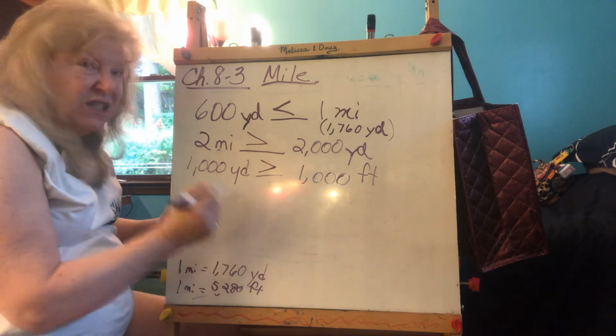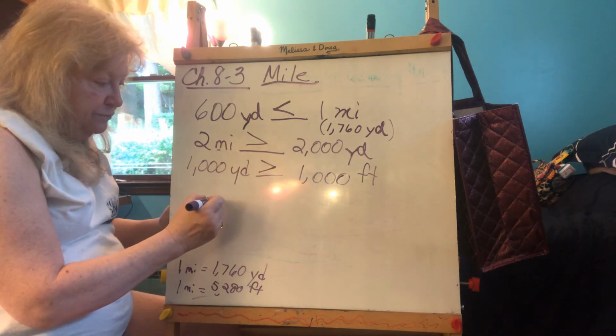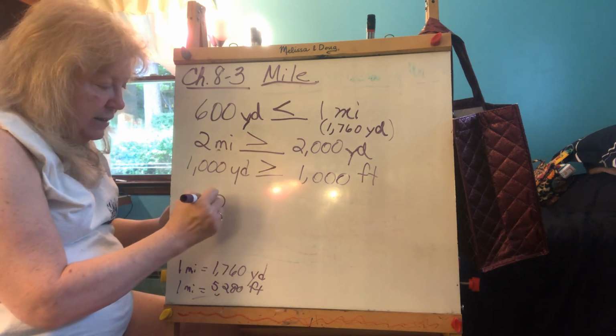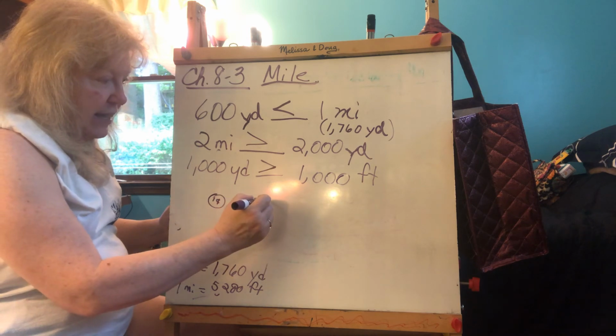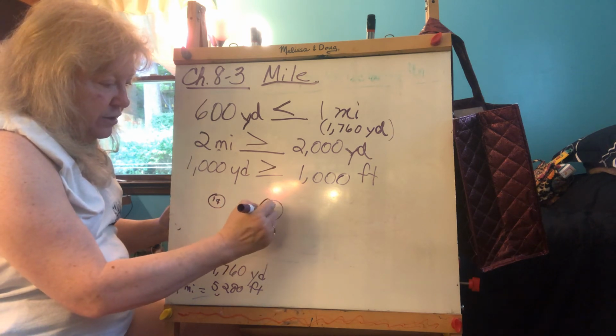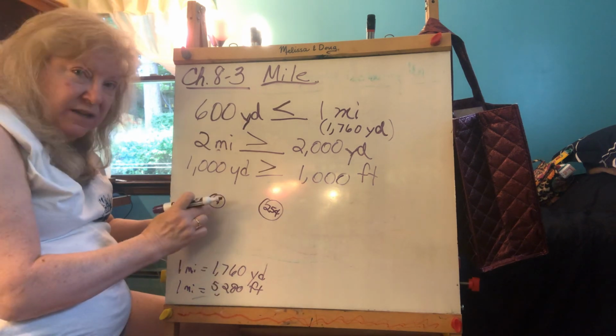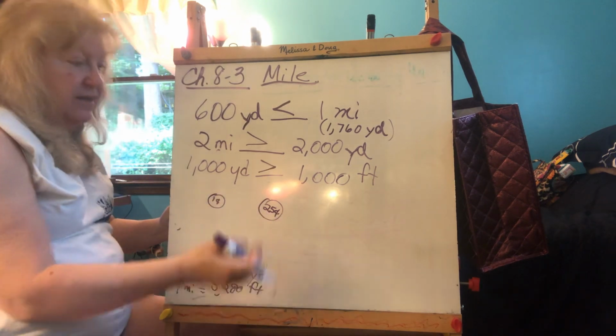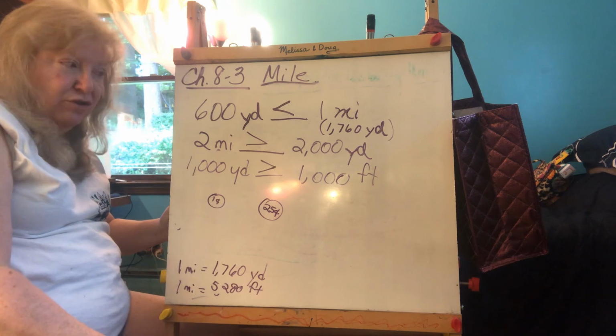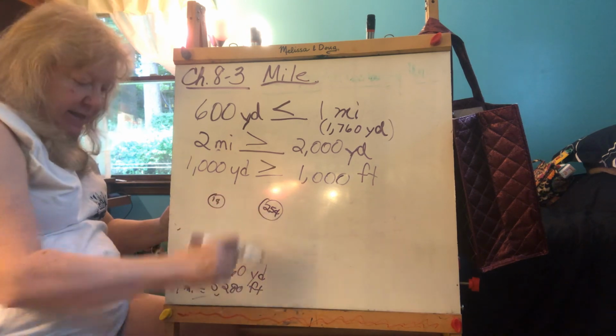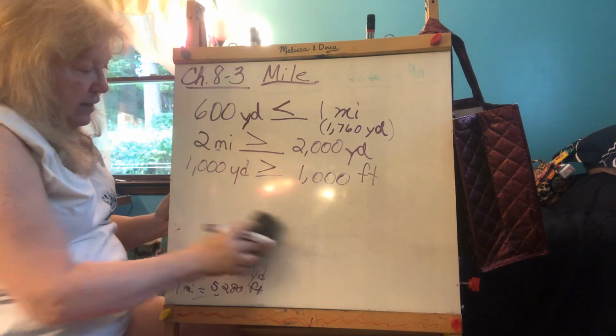It would be just like if I had 1,000 pennies, or I had 1,000 quarters. Which is going to be more money? I have 1,000 of these and I have 1,000 of these. Well, the quarters, right? Because they're larger. It's more cents than the others, okay? Alrighty.